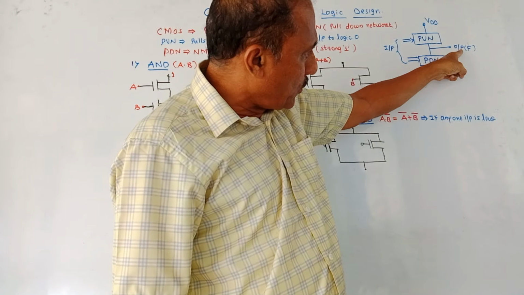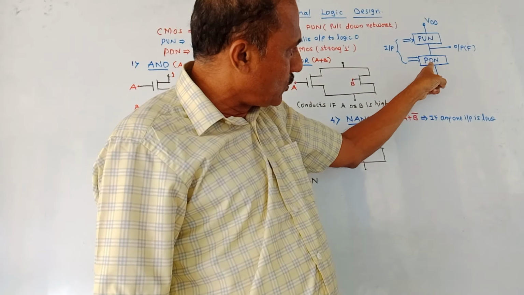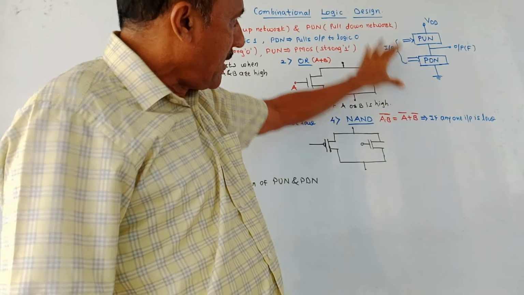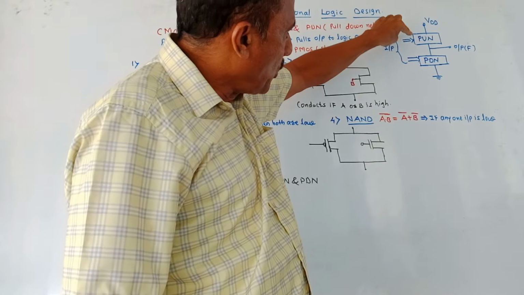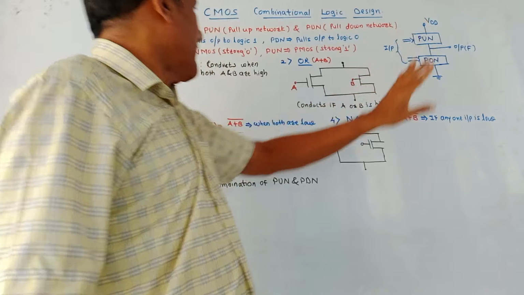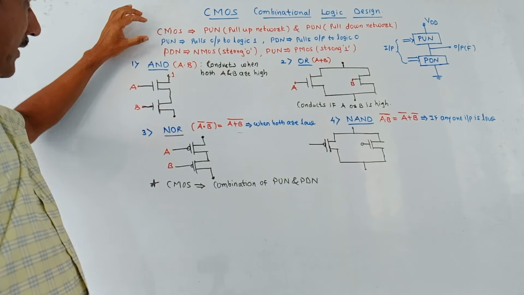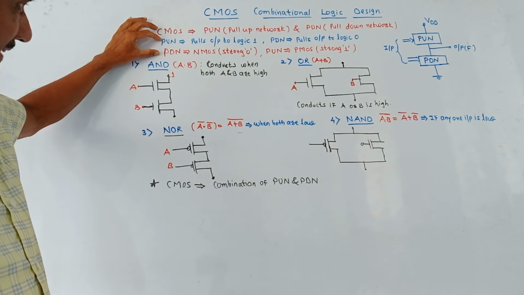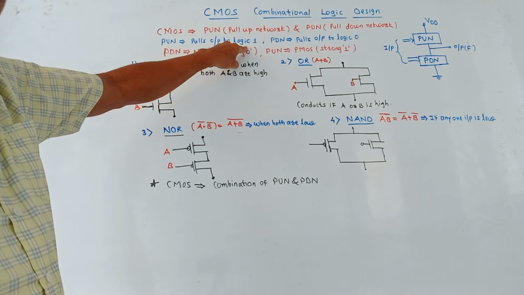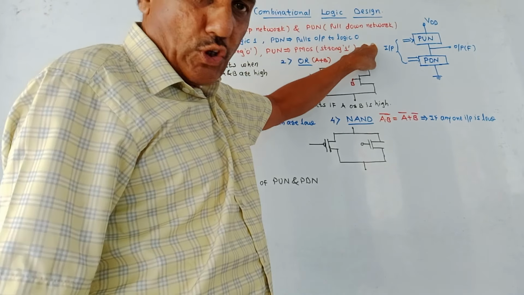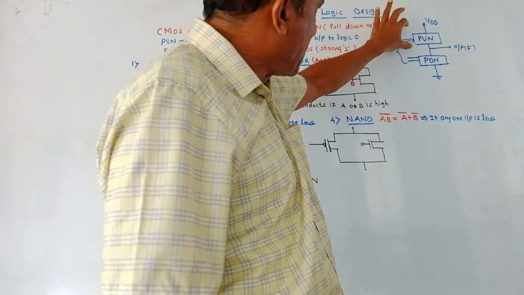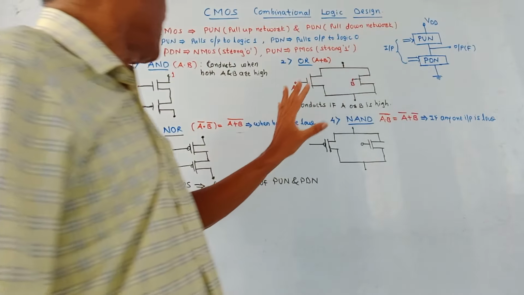So this output is connected to the ground through PDN. As I said, input is applied to both PUN as well as PDN. Now, PUN pulls output to logic 1, PDN pulls output to logic 0. This is the basic functioning of PUN and PDN networks.